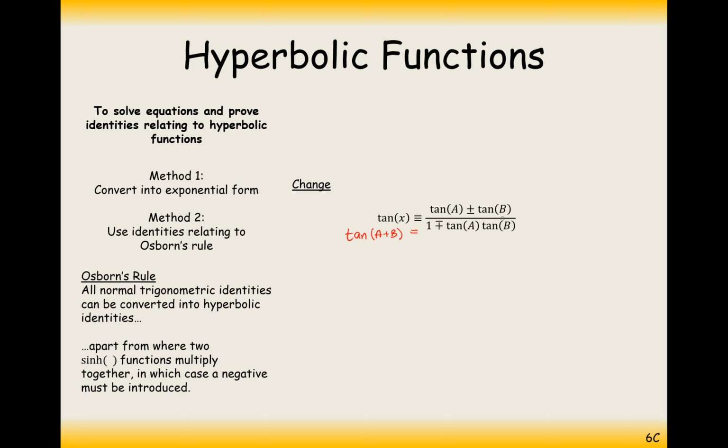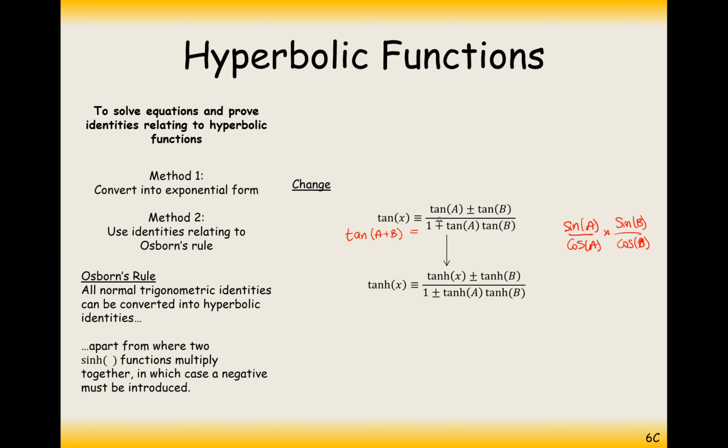Well, it's inside this tan a and tan b, because you're going to have sine a over cos a multiplying by sine b over cos b, and inside that multiply of tan you have two sines that are multiplying together. So what will happen here is the top will stay the same because you haven't got two sines multiplying there, but this bottom will change.